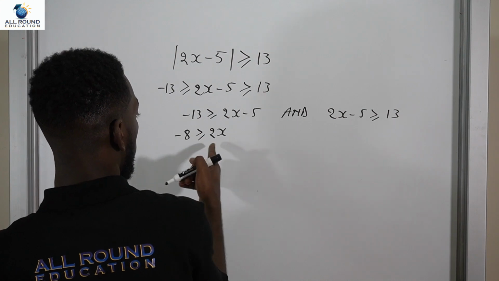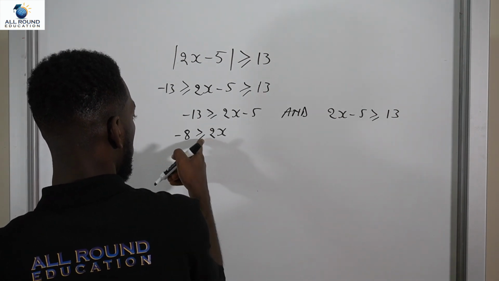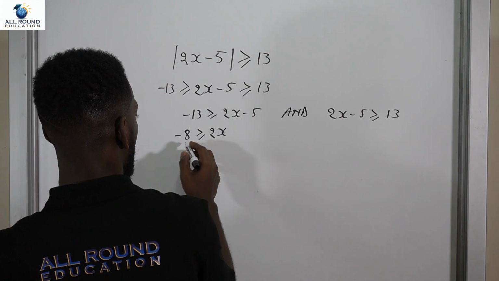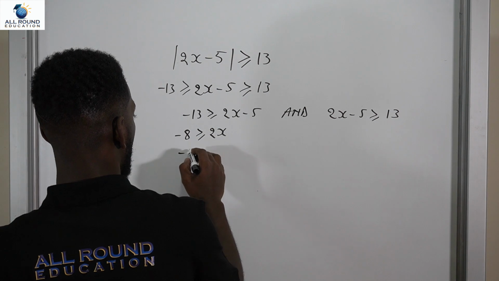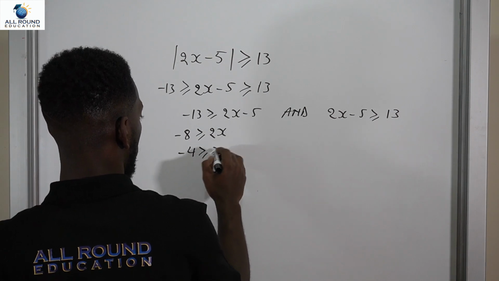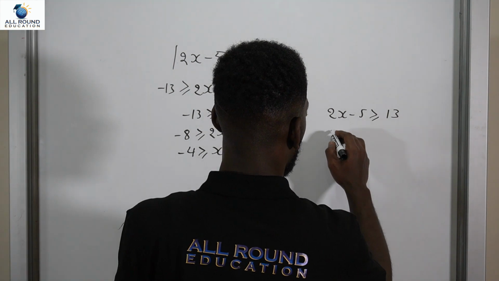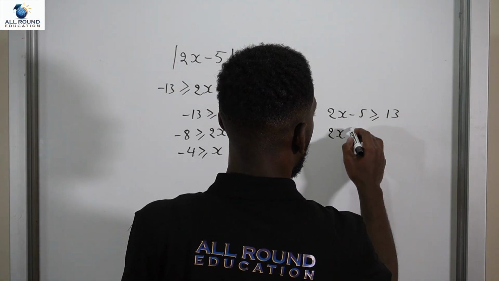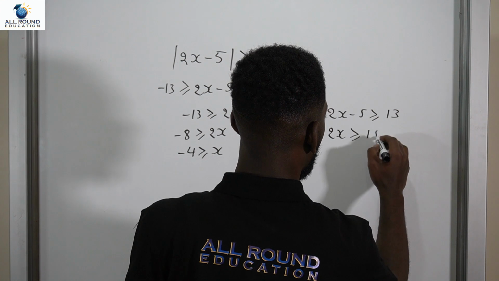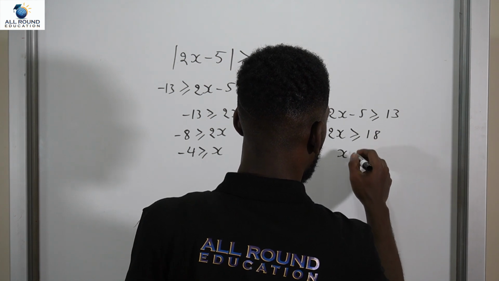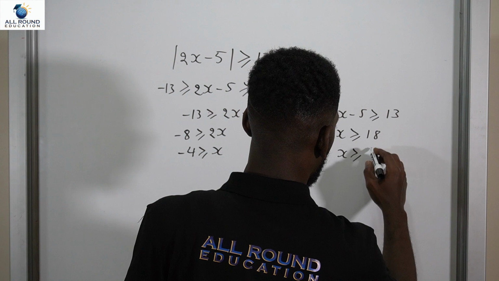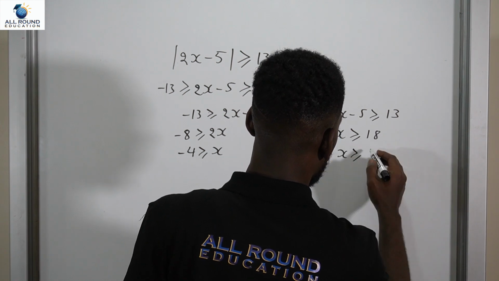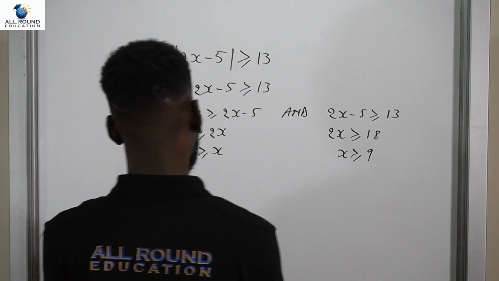This is a very important part: we can divide by 2 on both sides, then we have negative 4 greater than or equal to x. On the other side, we add 5 on both sides, and when you do that, you get 18 greater than or equal to 2x. So 18 over 2 is 9.